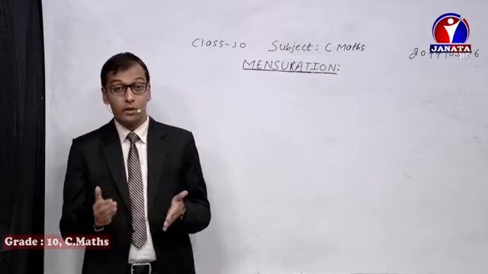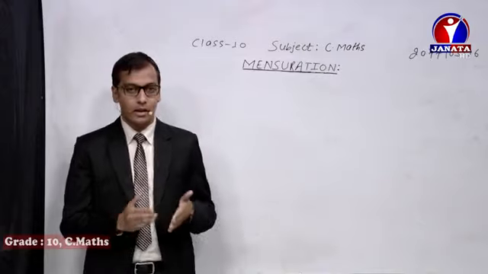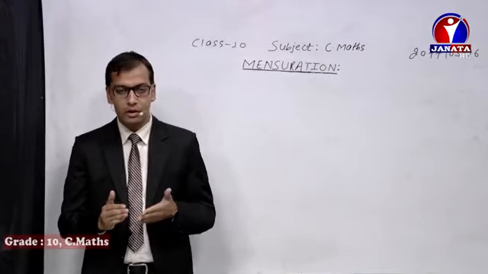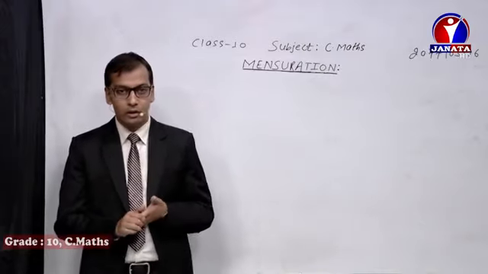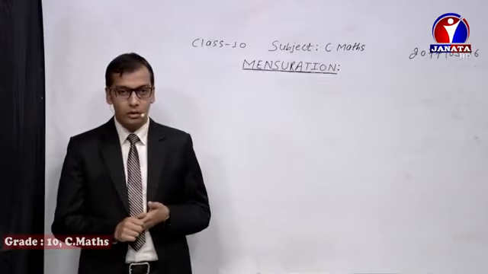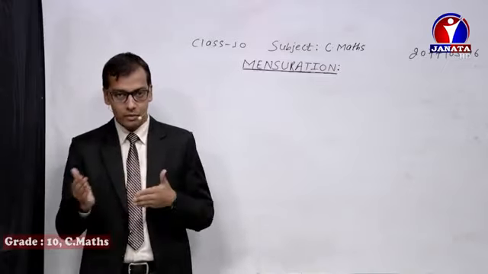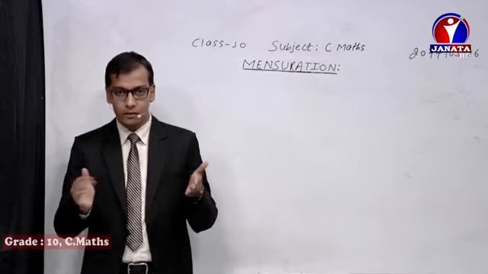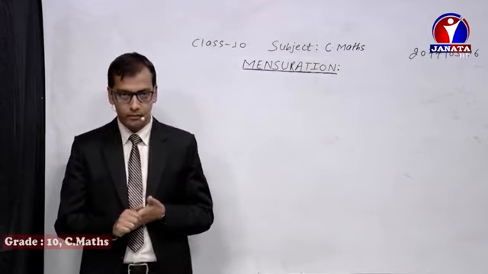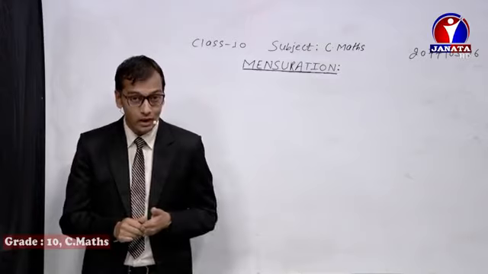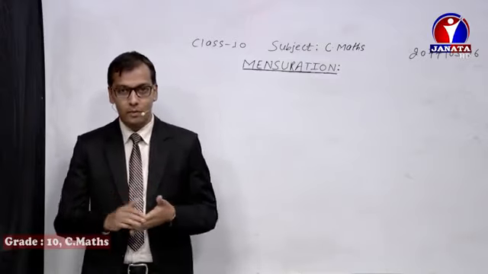Like what are the different parameters that we need to discuss in mensuration. These parameters are length, breadth, perimeter, surface area like lateral surface, total surface, curved surface, and volume. There are other terms that we will slowly learn in this chapter.